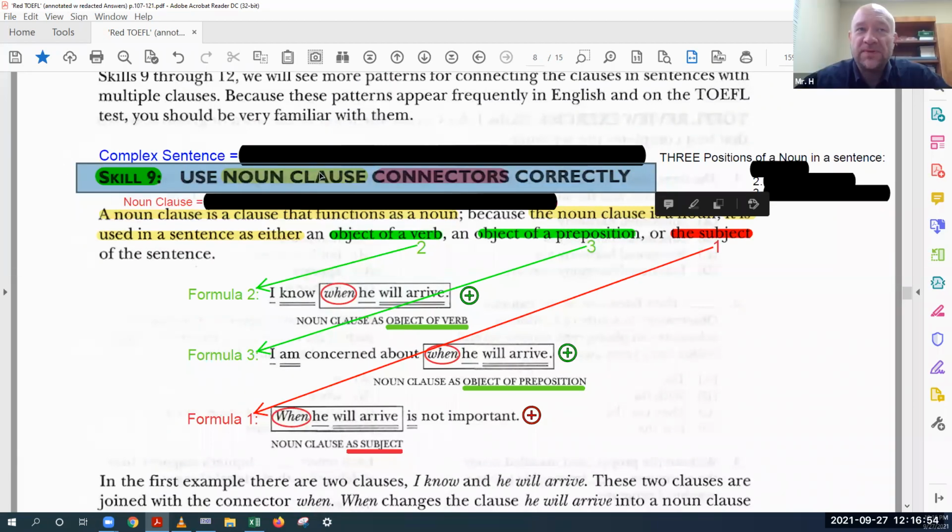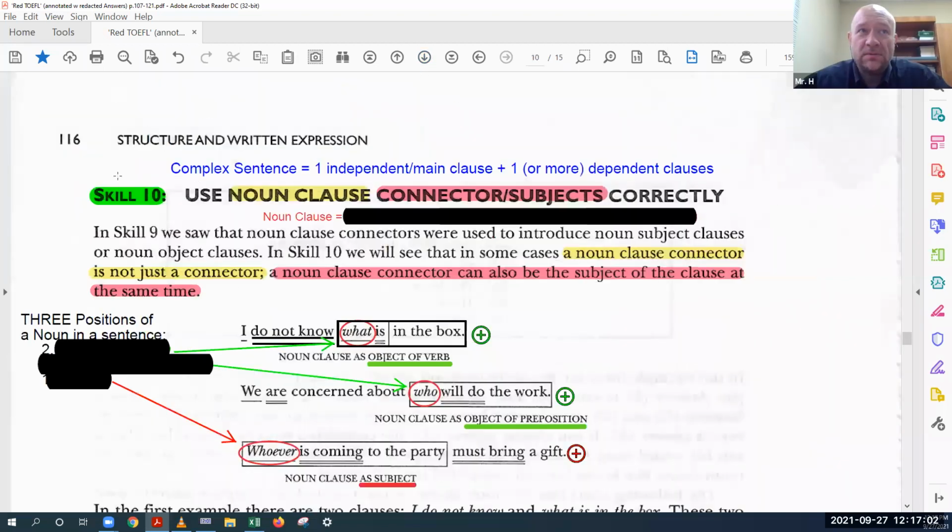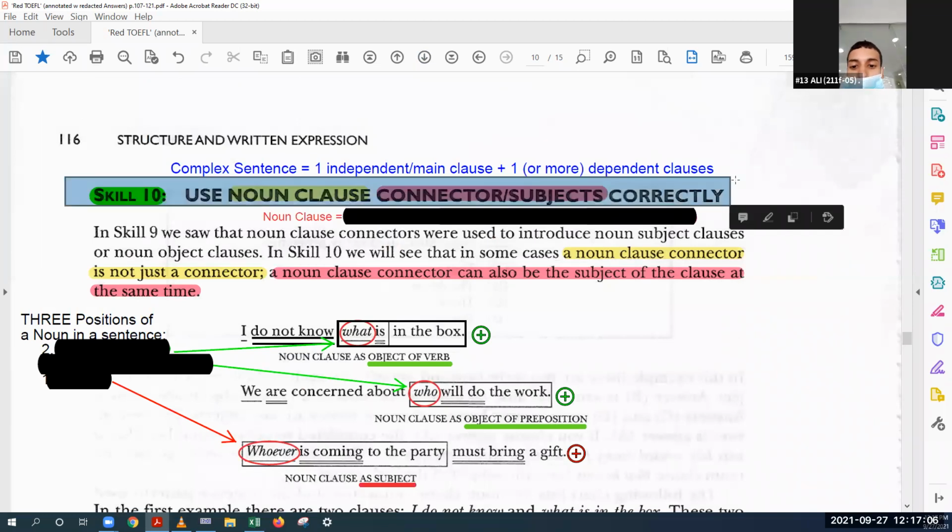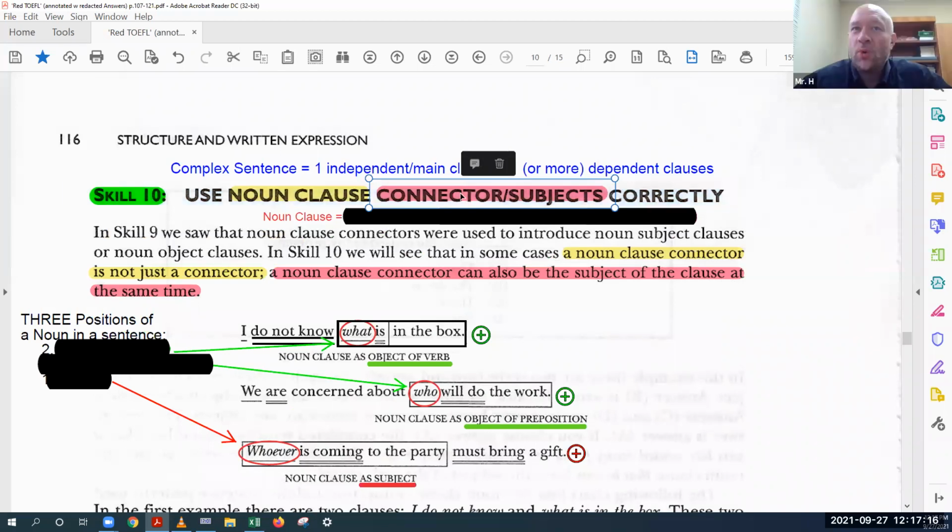Read skill 9. Skill 9: Use noun clause connectors correctly. Okay, and then now? Skill 10: Use noun clause connectors subject correctly. See the difference in the name? Subject. So what does it mean? That's what we have to learn today.